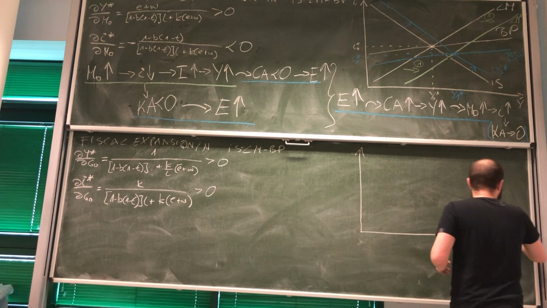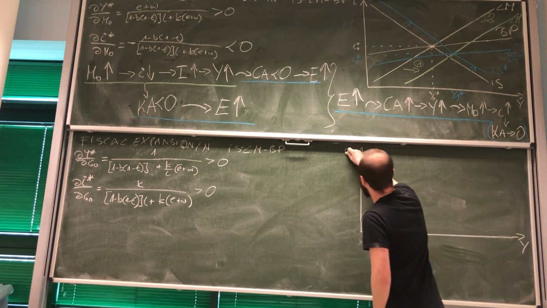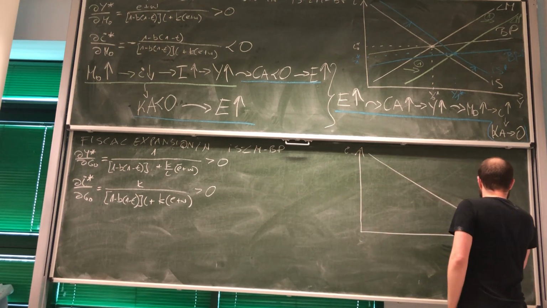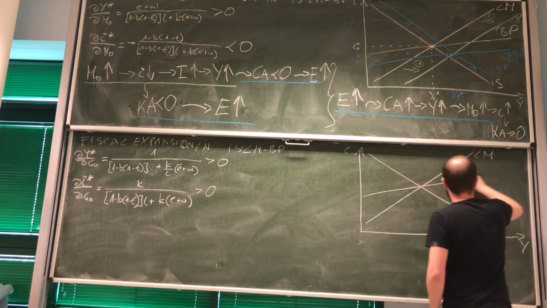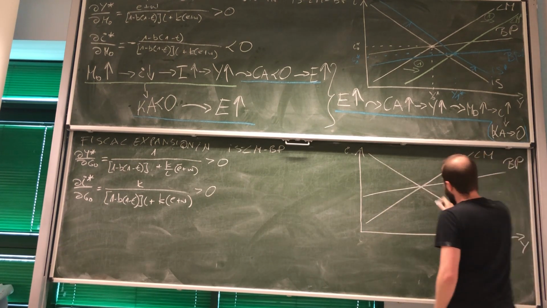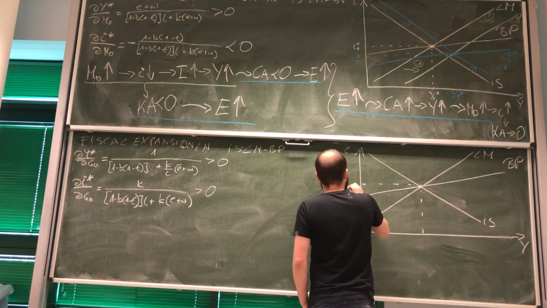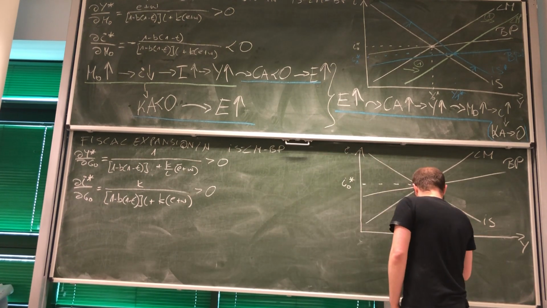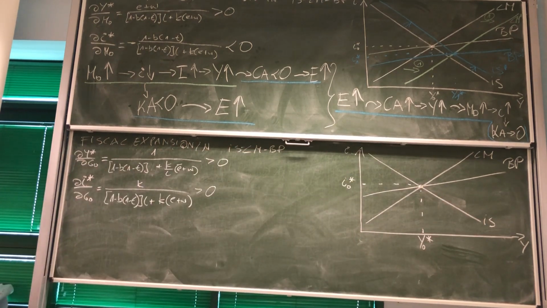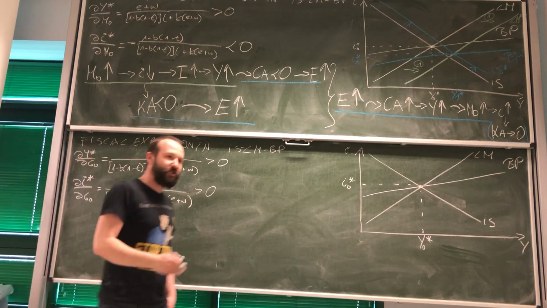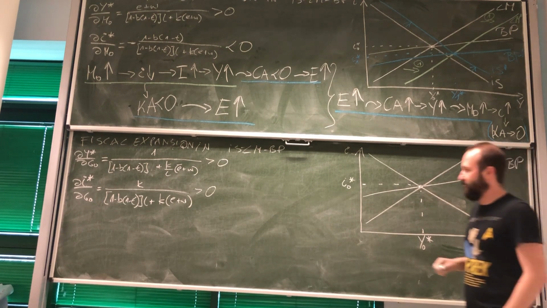Okay, so we start from the initial equilibrium, where IS, LM, and BP intersect with one another. Okay, so now what interests us is what happens if the government increases the level of spending.